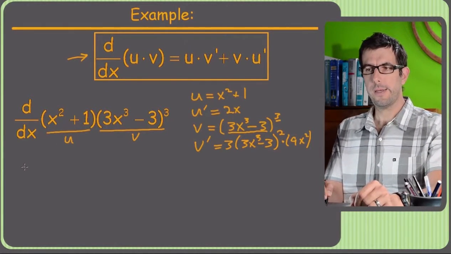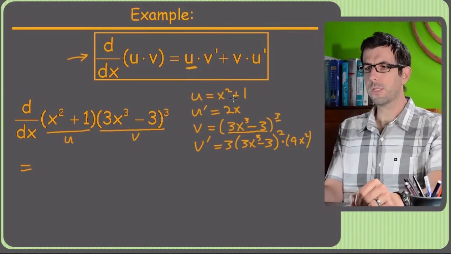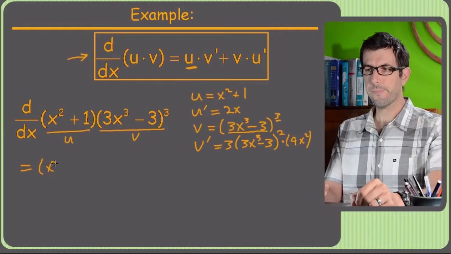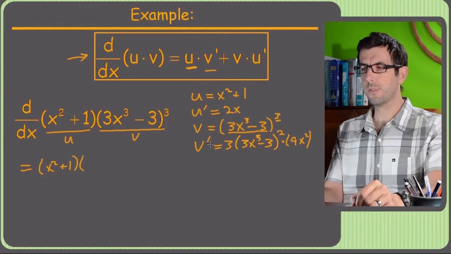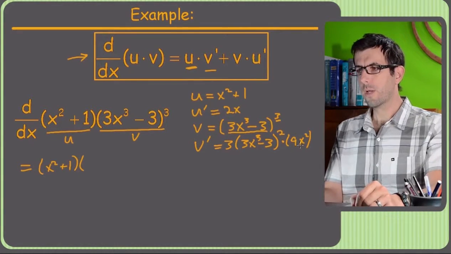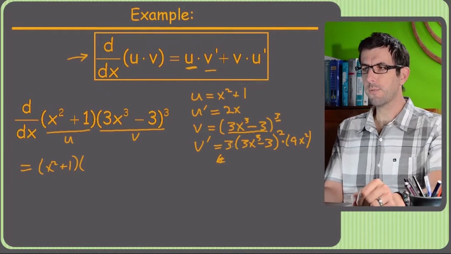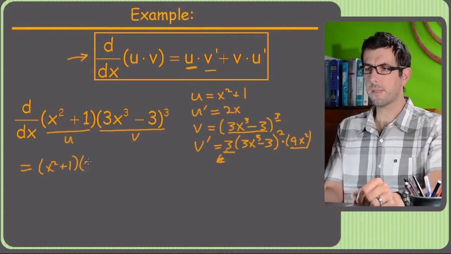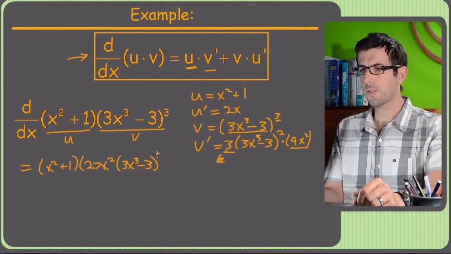So we get this whole thing is going to equal u, which is x squared plus 1. Then we got v prime, which is down here. Okay, so let's just simplify this. We don't have to, but we got a 3 here and a 9x squared here, so I'll just make that a total of 27x squared times 3x cubed minus 3 squared.